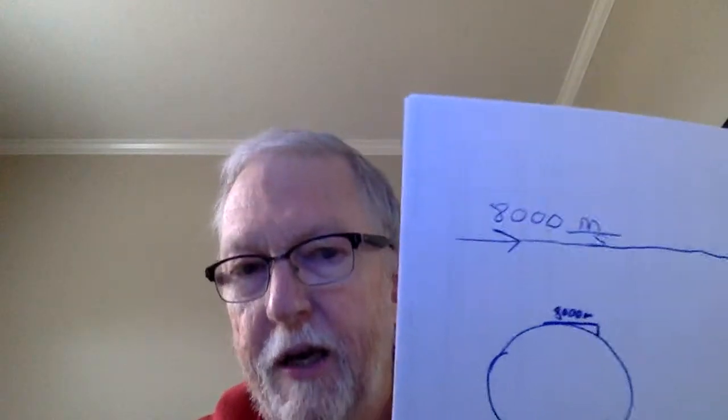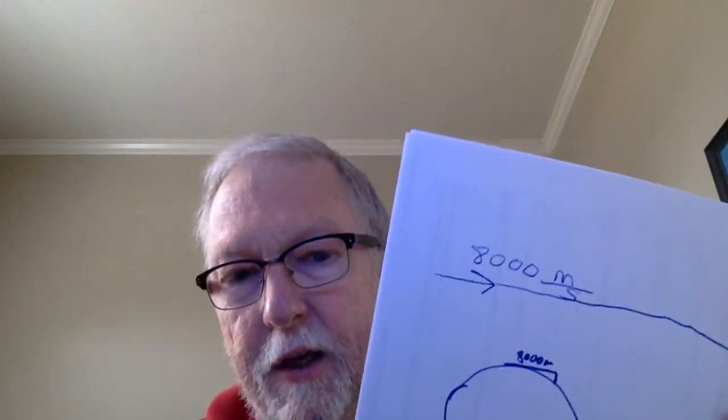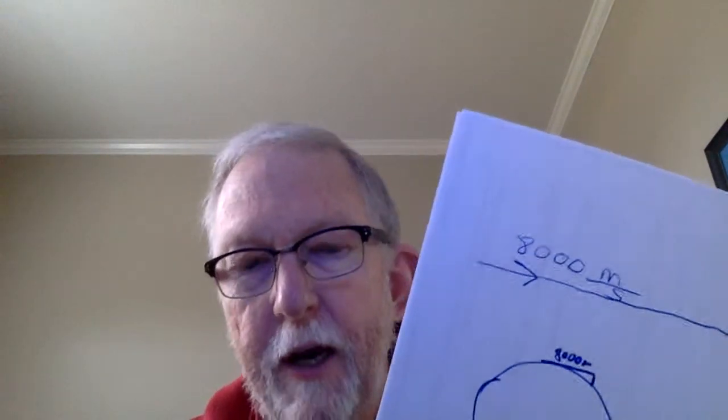So the cannonball is in constant free fall around the Earth, like the astronauts we talked about in the earlier video. So 8,000 meters per second is the orbital velocity of a satellite around the Earth, thanks to Sir Isaac Newton back in the 17th century, when he wrote Principia Mathematica in 1687.